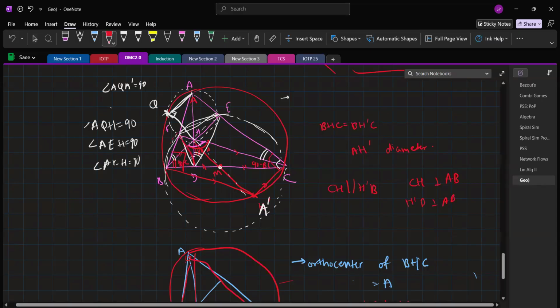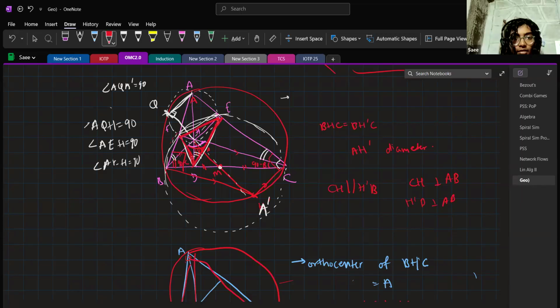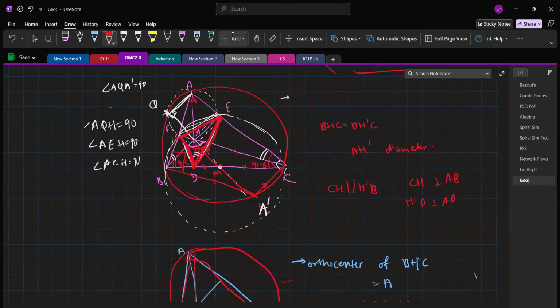Yes, it would go this way. That is quite a cool fact. So if you shine a laser from F to D, it will go to E and then come back to F. That's because H is an incenter. Yes, that is because the angles are equal.